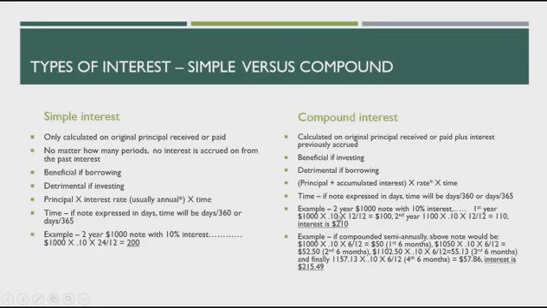So our example here of investing $1,000 at 10% for 2 years, you would add up to $1,210 with compound interest. With simple interest, you would add up to $1,200. It's a small difference, but over time, you will see certainly a big enough difference.